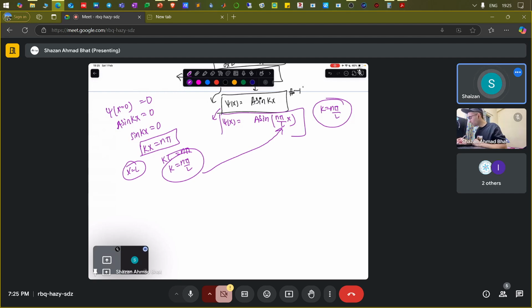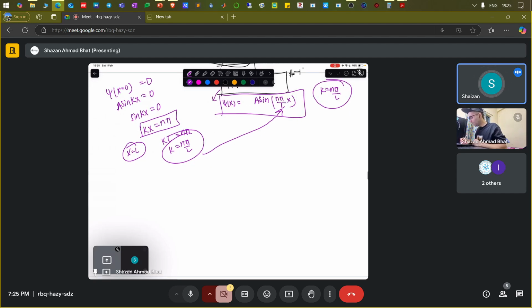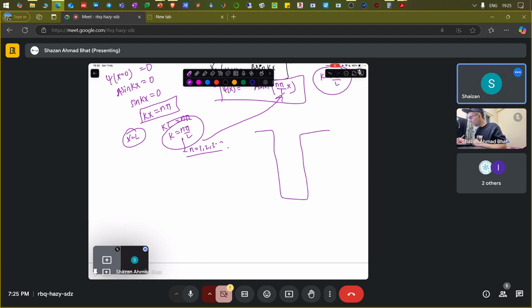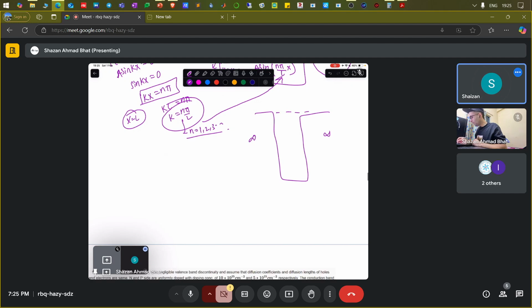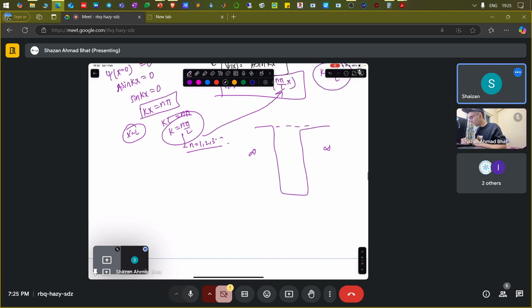Now you see, you just plot this thing. n is basically an integer, which is 1, 2, 3, and so on, positive integers. So when you take this well, you have infinite potential outside. This is an infinite potential well, and you draw n equals 1. For n equals 1, you have A sine of pi x by L, which is the wave function at n equals 1.